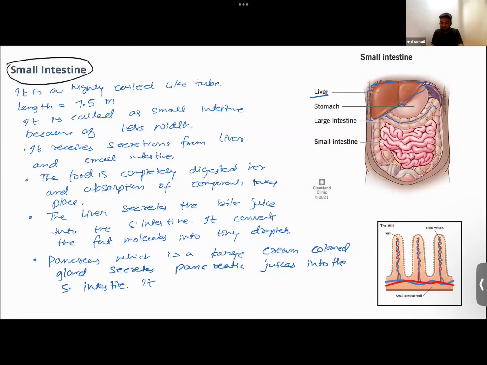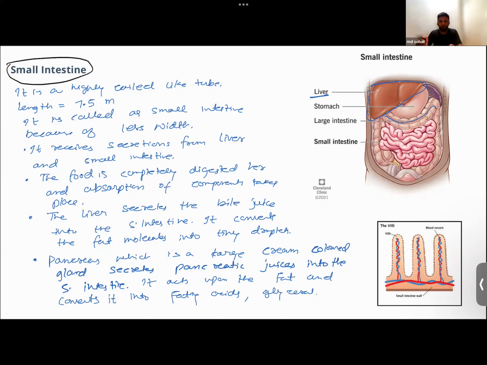The pancreatic juice acts upon the fat and converts it into fatty acids and glycerol. See here, the bile juice is also breaking down the fat, all right, guys, and this pancreatic juice is also breaking down the fat into fatty acids and glycerol.